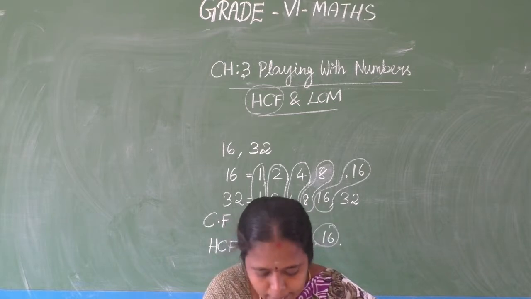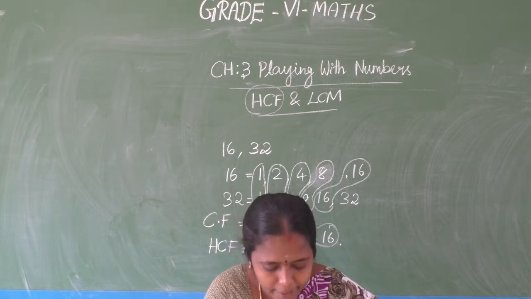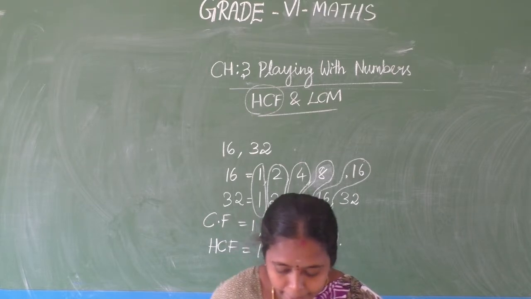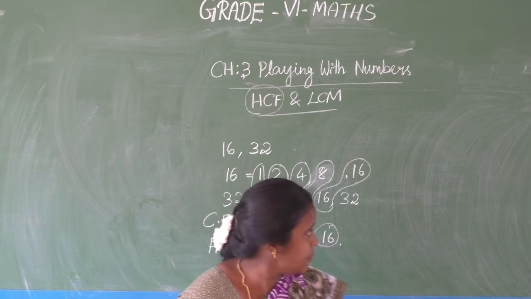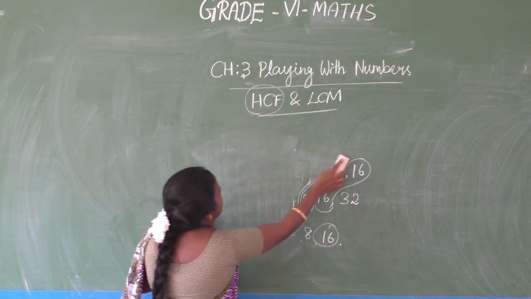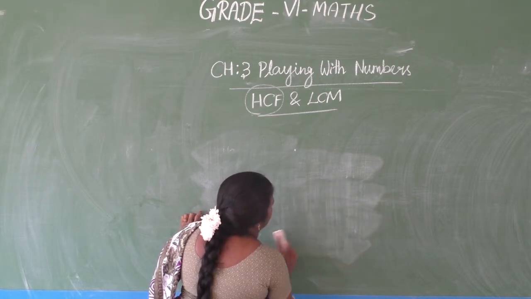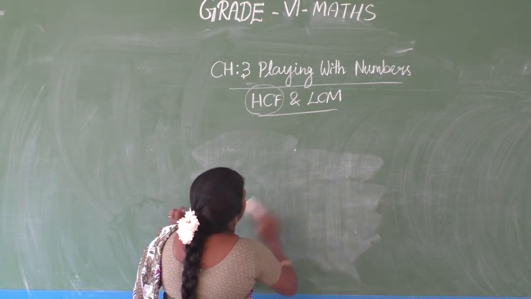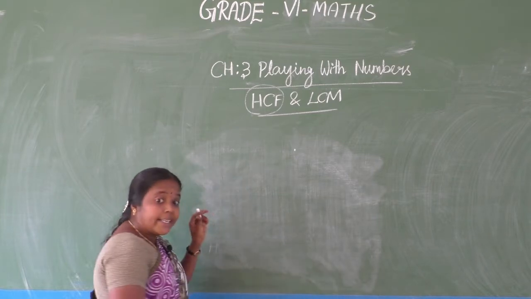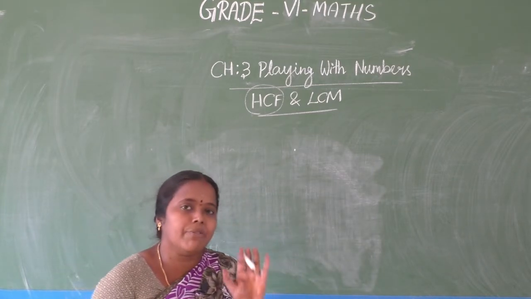the first section is fully HCF based questions only. Find the HCF of the following numbers. First one, 18, 48 given. Again I am telling, HCF means highest common factor of the given numbers.